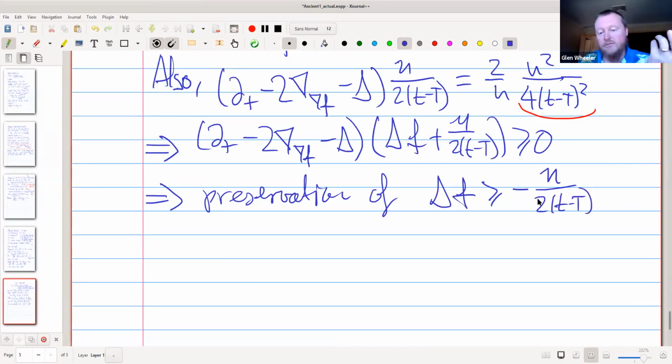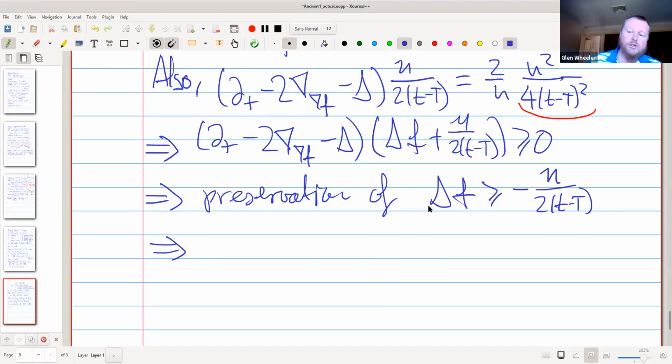And if you think about it, of course, we must have had this inequality at some time because of the estimates that we have for ancient solutions. So that means we must have this for time sufficiently negative, so we have it for all t.